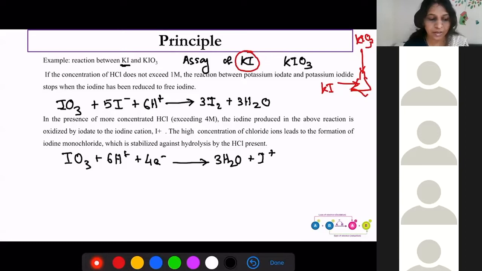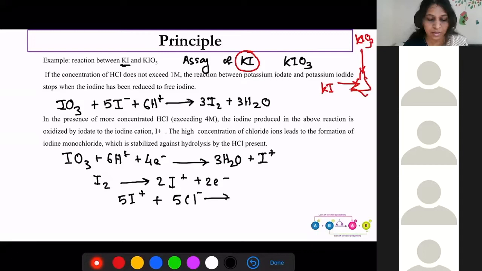This iodate ion is supposed to take up the electron, and these electrons are coming from iodine. And then this I+ and this chloride ion are going to convert into ICl.